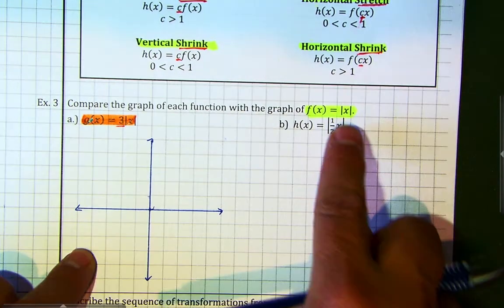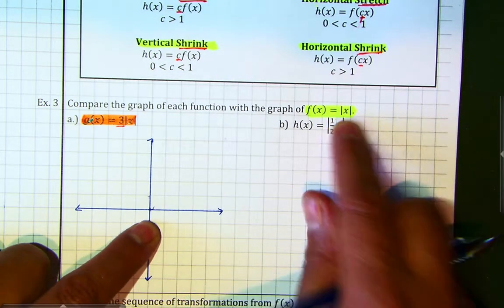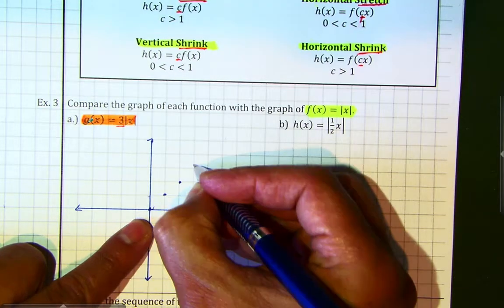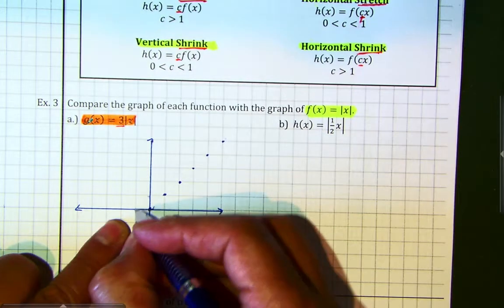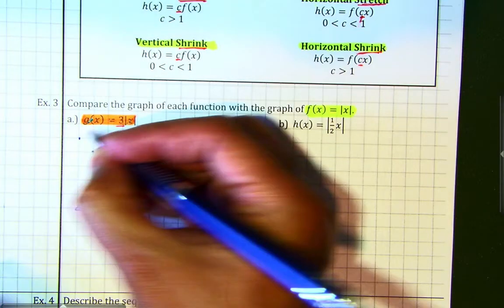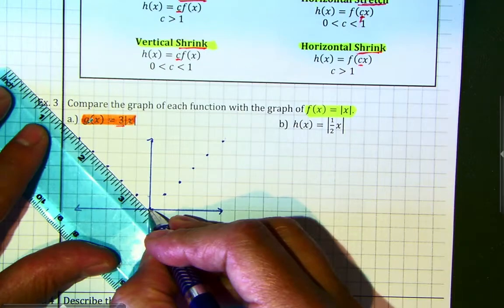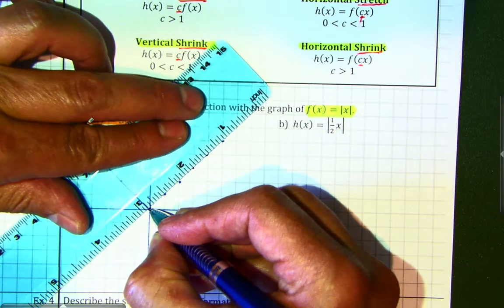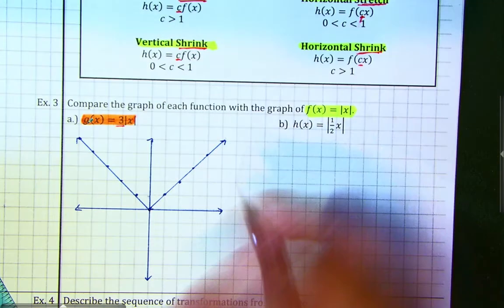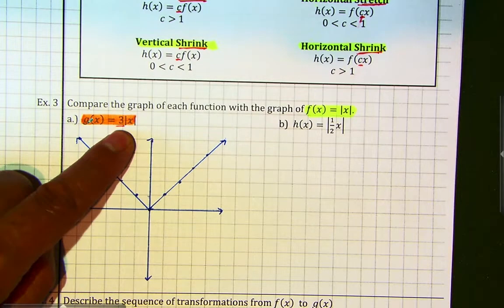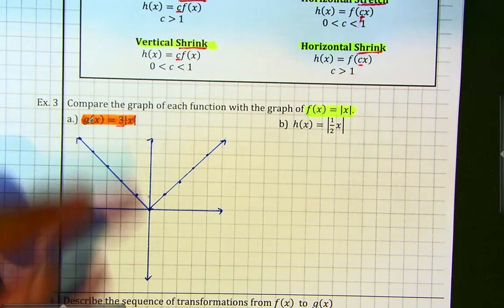So let's go and graph a basic absolute value graph. Plugging in 0 gives me 0, plugging in 1 gives me 1, plugging in 2 gives me 2, 3, 4, 5. Plugging in negative 1 makes it positive 1, and so on. And now g of x, so this is f of x.